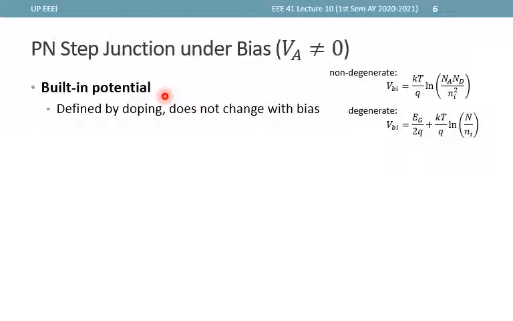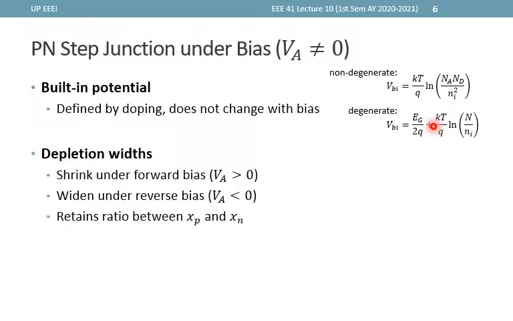So by definition, we will not consider the applied voltage in the formulation of the built-in potential, and so we can still use this same set of equations. This is the, say, quote-unquote normal case, and this is the case when one side is so heavily doped that it is already degenerate, where the other side is non-degenerate. So from there we move forward.